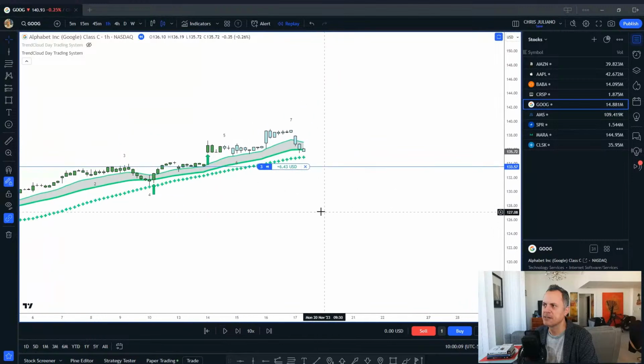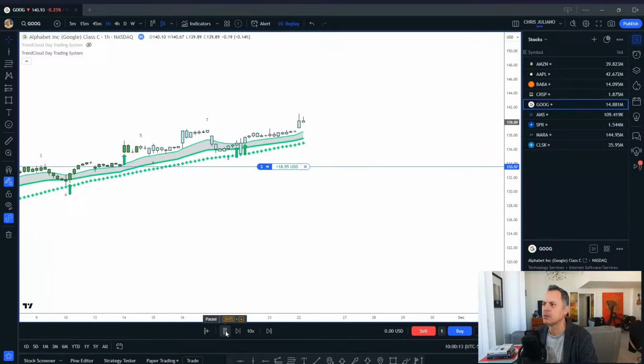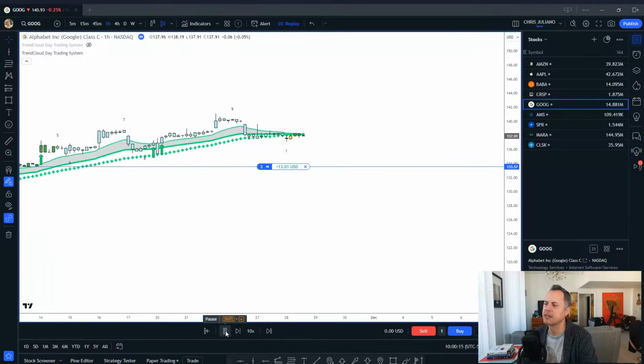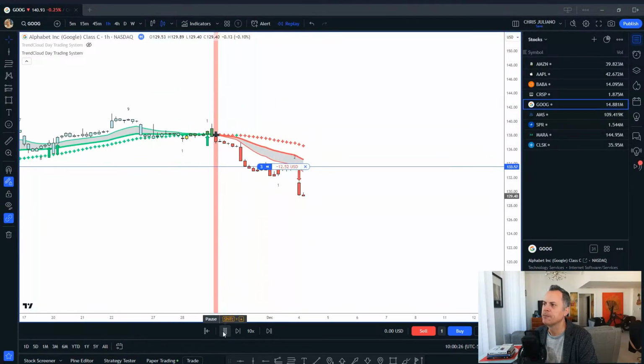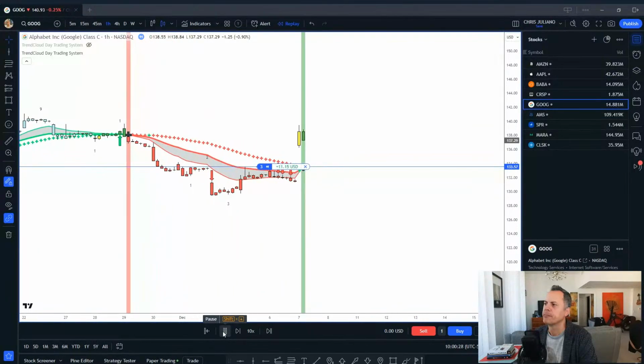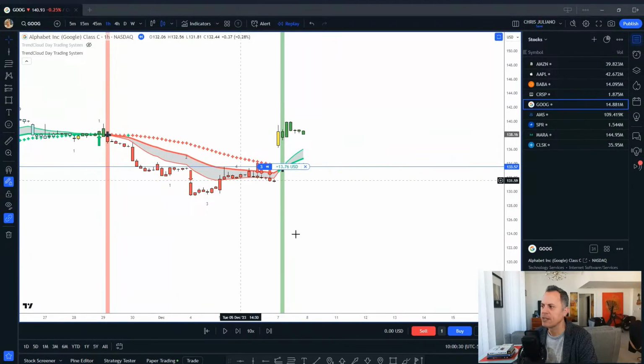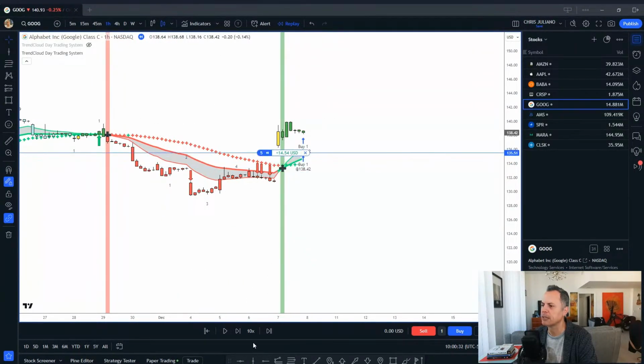Trend has gone extended, right? Okay. It's going to go on sale soon. Google will go on sale again. Boom, right there. We knew days before Google was going to go on sale. Move forward. Right there, start accumulating.